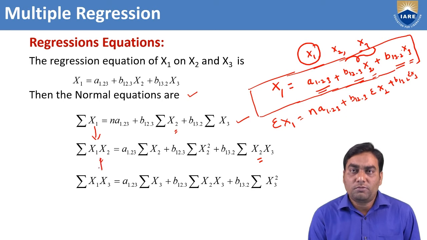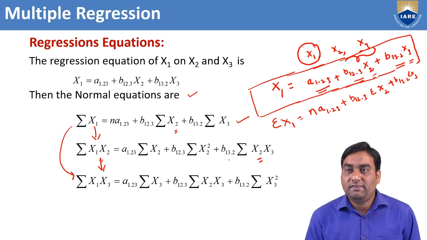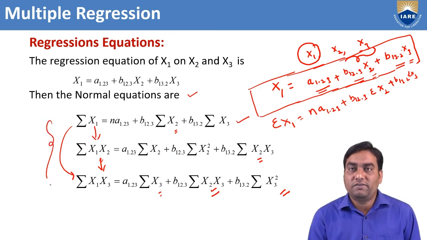To get the third normal equation, multiply the first normal equation with x3. Here we get sigma x3 square, sigma x2 x3, and sigma x3. Now we require these three normal equations. By using these three normal equations, we can find the constant values a 1.23, b 12.3, b 13.2.